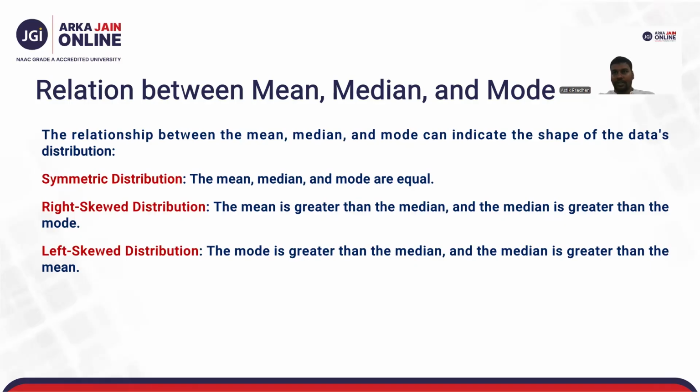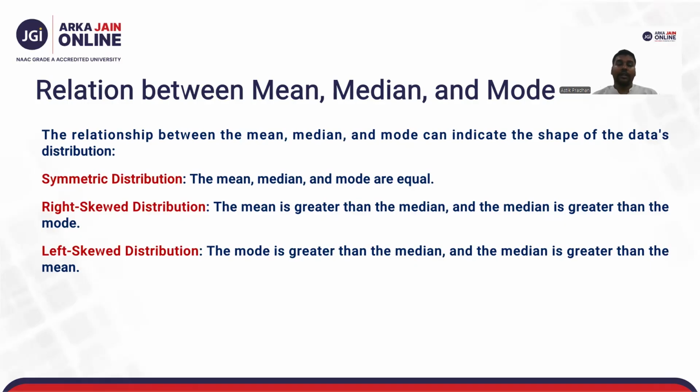So in sequence, mean is greater than median, which is greater than mode. If you find the mean, median and mode values of the data and you see that the mean value is greater than the median value, and the median value is greater than the mode value, you can say the data distribution is a right skewed distribution.